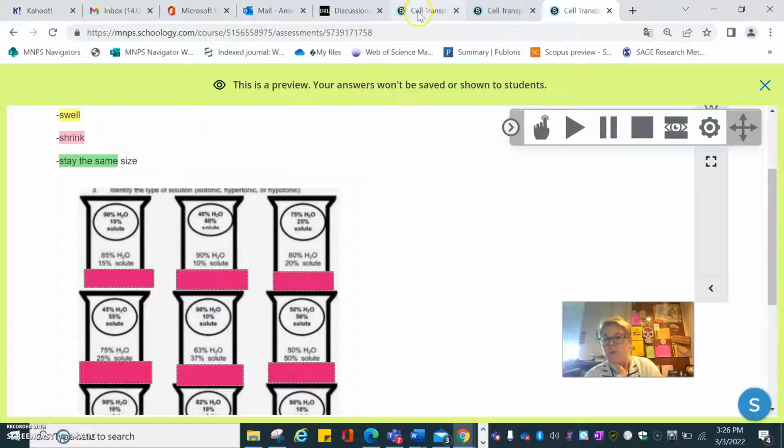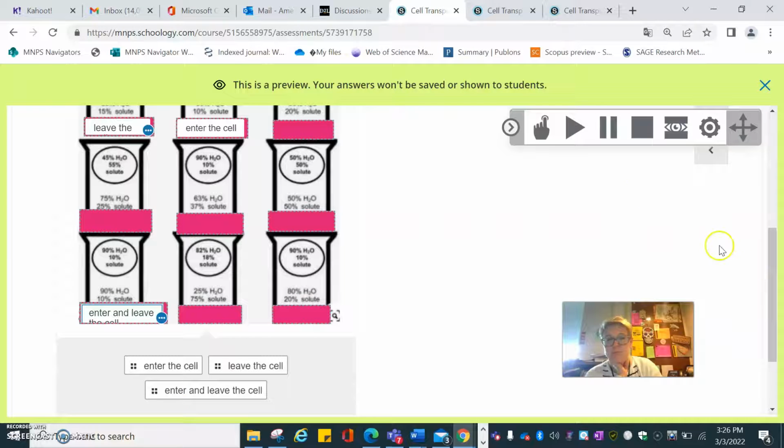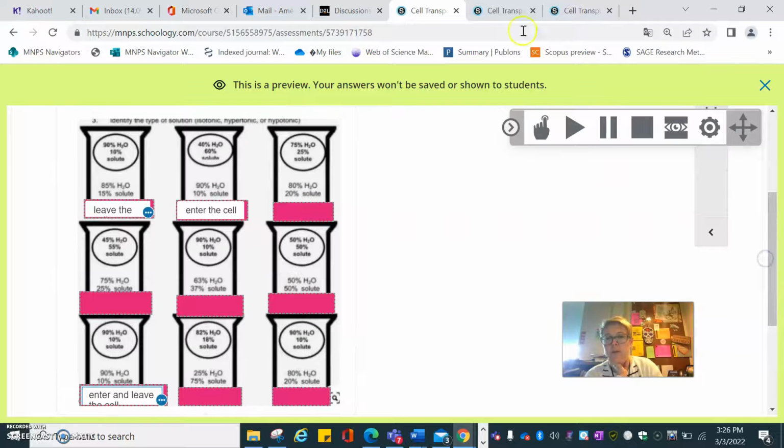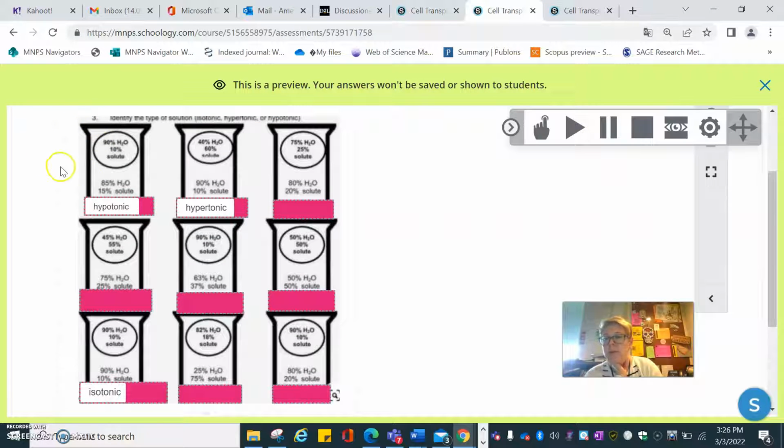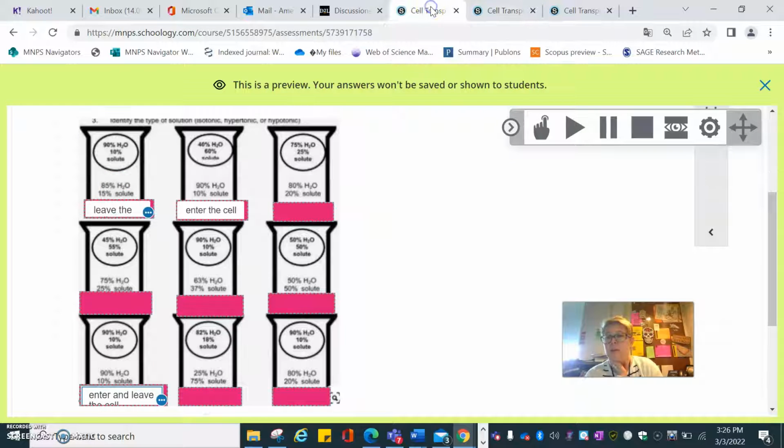So, in the previous videos, we determined this first cell is hypotonic. There is more water inside, less percent water outside. So, we determined that with more water inside, it's going to leave the cell.